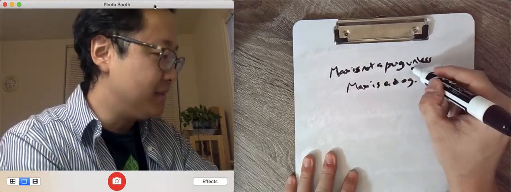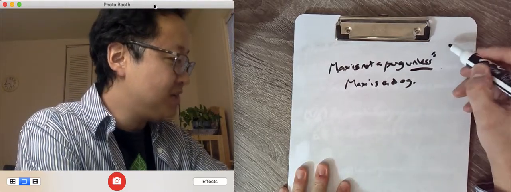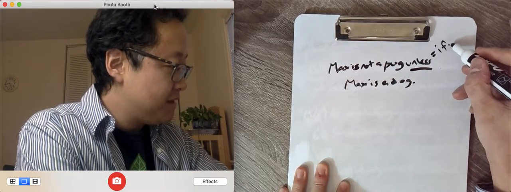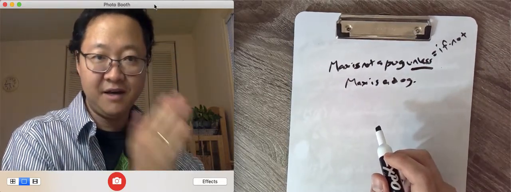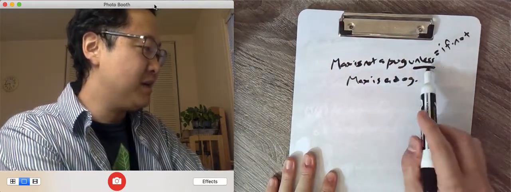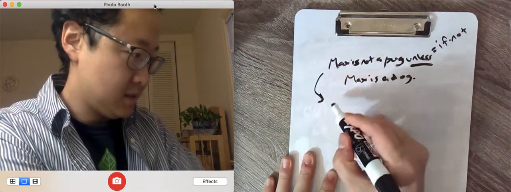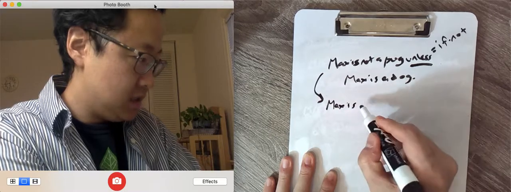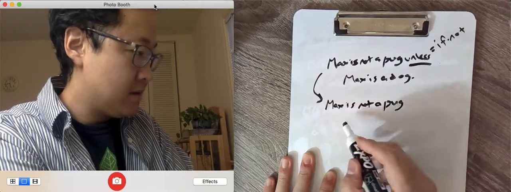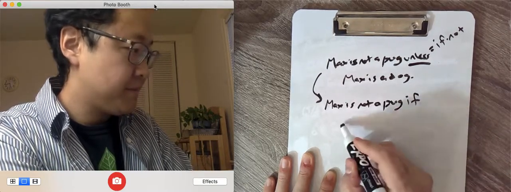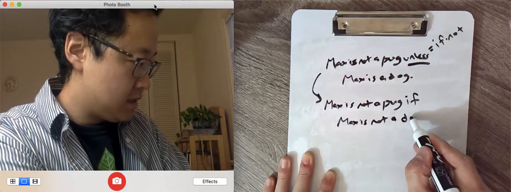Now the point about the unless, this is a good lesson to learn. Unless equals if not. Okay? Unless equals if not. So to say Max is not a pug unless Max is a dog is just to say Max is not a pug if Max is not a dog.